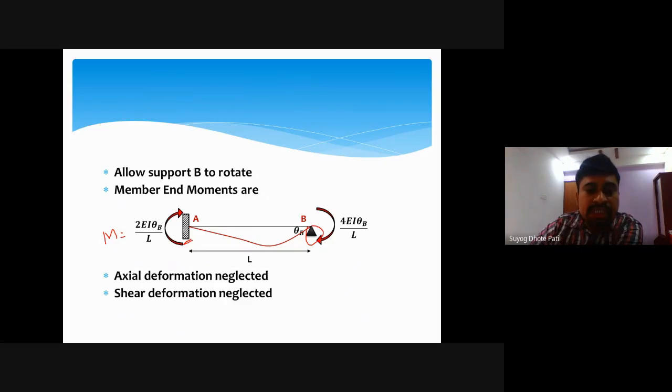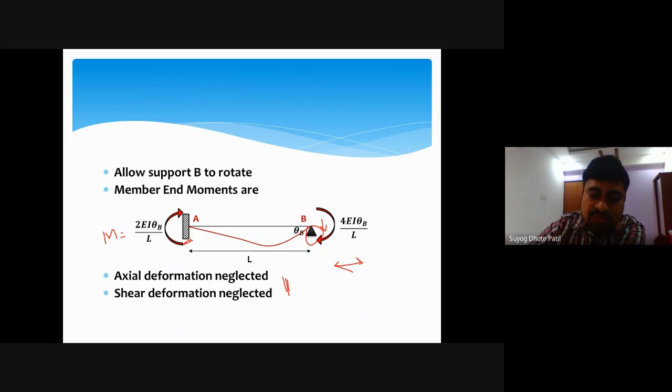Now axial deformation is neglected and shear deformation is neglected for a particular member. This is the assumption.